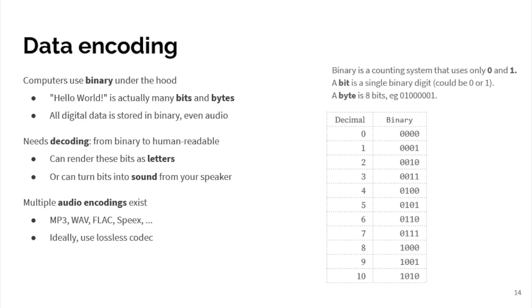So a decimal character 0 or the number 0 is represented in binary as a 0. The decimal 1 is represented as a 1. The decimal 2 is represented as a 1, 0. And these can be padded out with extra zeros on the left. So all computer data ends up as these binary symbols.